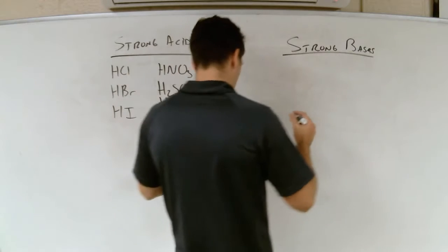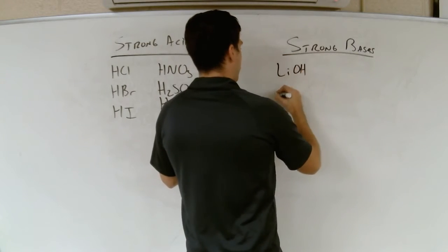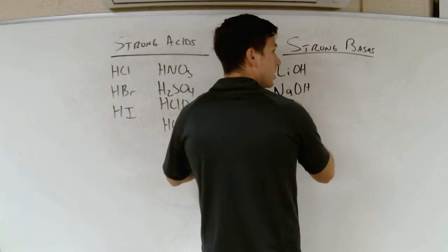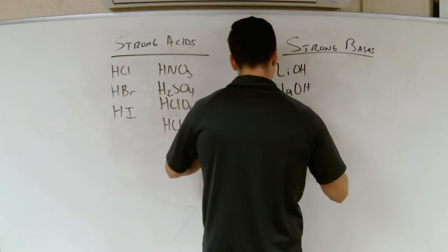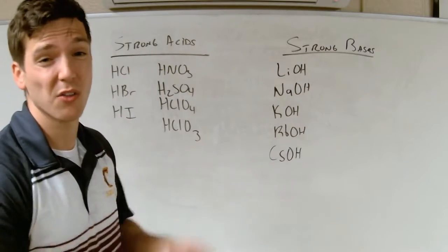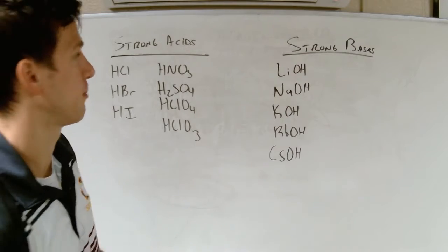You also have your strong bases, which, if you look on the periodic table, LiOH, NaOH, KOH, RbOH, and CsOH. So if you look at the alkali metals, it's all those alkali metals except for hydrogen and francium, the one on the top and the one on the bottom.